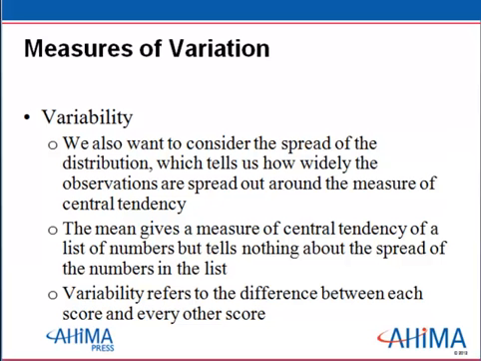Variability refers to the difference between each score and every other score. For example, if there are 100 scores, you would have to compute the difference between the first score and each of the 99 other scores, and then compute the difference between the second score and each of the remaining 98 scores, and so on.